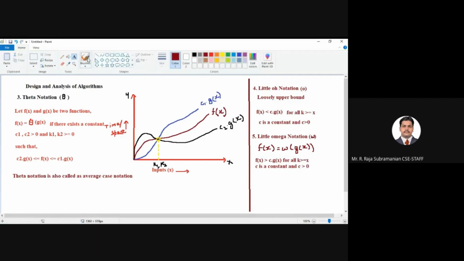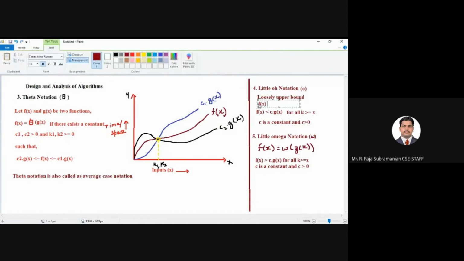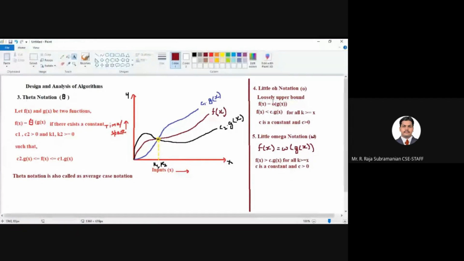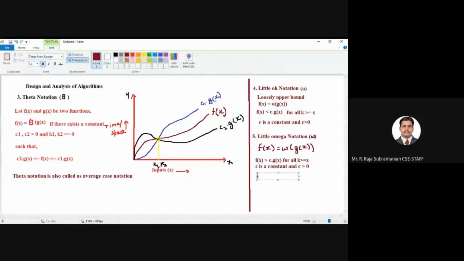And I can also write f of x is equal to small o of g of x, using this directly because o is a symbol. If this holds, then this is the condition, right? If little o notation is called loosely upper bound, then what is little omega called as? Loosely lower bound. Little omega notation is the loosely lower bound. That's it.